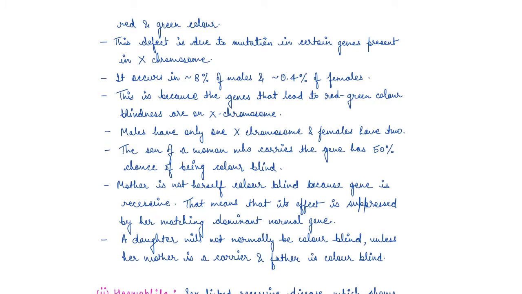Now this defect is due to a mutation in a certain gene which is present in the X chromosome. Remember that this defect is due to a mutation in a certain gene present in the X chromosome.